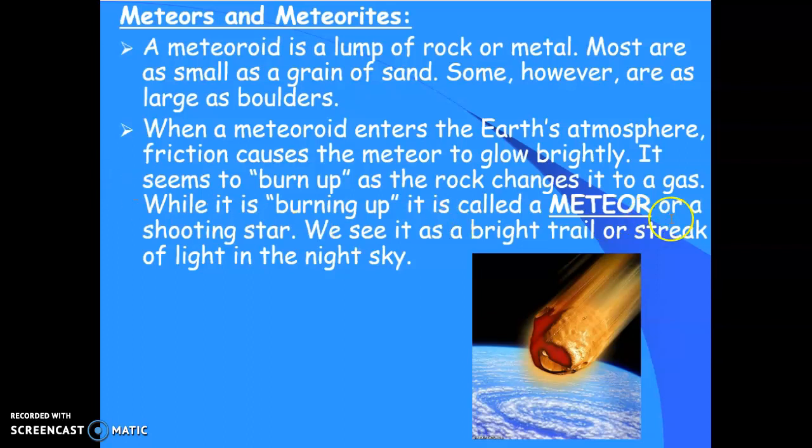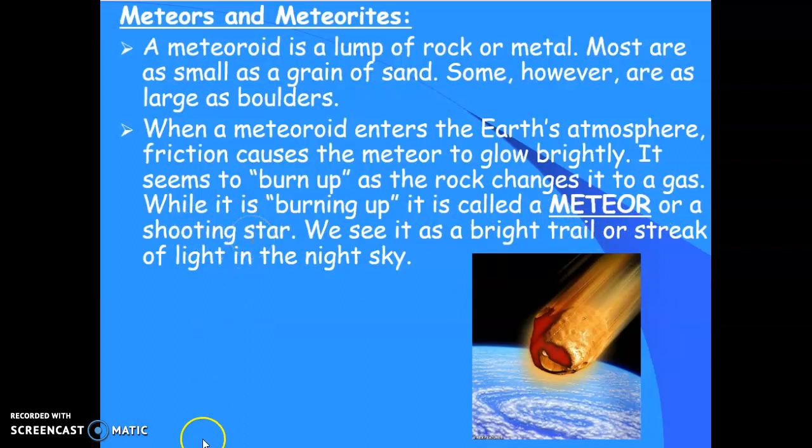When this process is happening in Earth's atmosphere, we call it a meteor. In outer space, or outside of Earth's atmosphere, it is called a meteoroid. As soon as it enters Earth's atmosphere, it is called a meteor, or sometimes you refer to this as a shooting star.